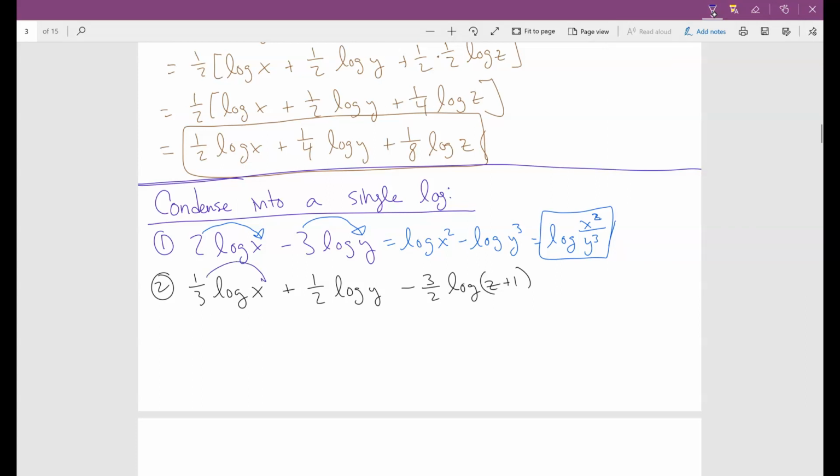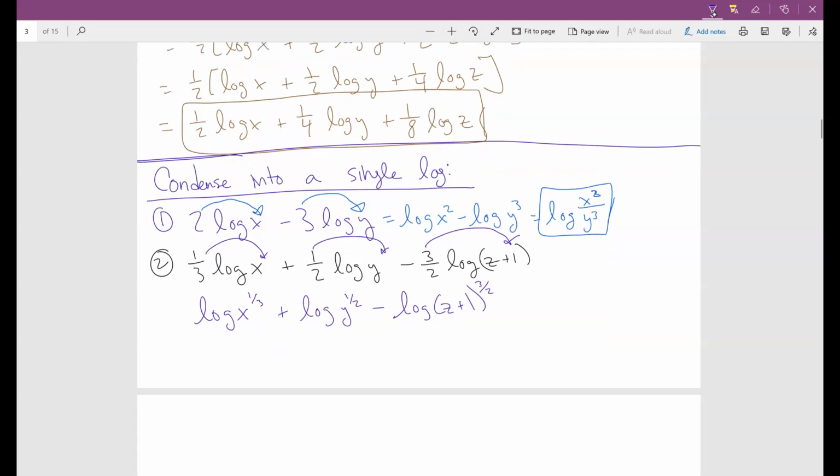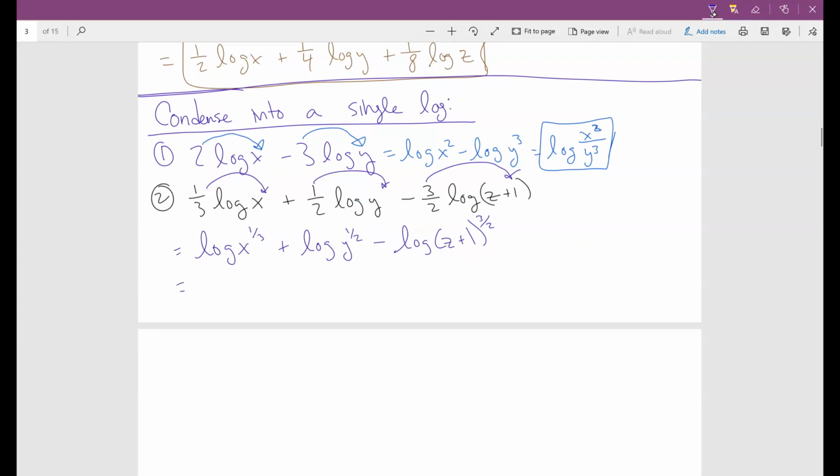So I'm going to put them back. You're going to have log x to the 1/3 plus log y to the 1/2 minus log of z plus 1 to the power of 3/2. Okay, and now let's go. Do you see how there's some addition here? This is going to be multiplication.